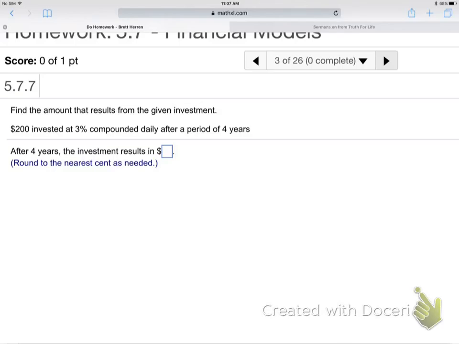All right, there we go. Same formula. A is P(1 plus R over N)^(NT). Try that one. $200 put in the bank at 3%, compounded daily, 4 years. What's it going to become?